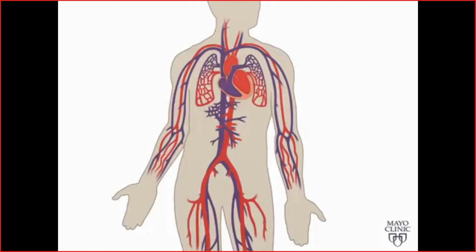And here we have another type, veins, which are labeled by the blue color. These veins carry blood poor in oxygen, not without oxygen.